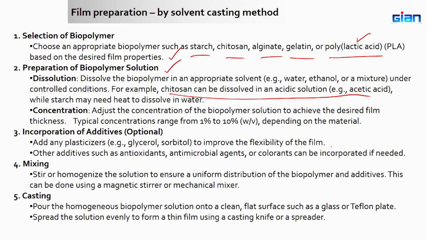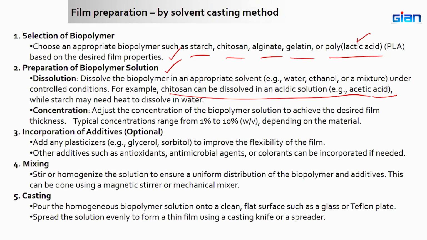Then you get a solution, chitosan in acidic solution, acetic acid, yeah. Again, when you are making a biopolymer, you eliminate the usage of chemicals as well. So, chitin, acetic acid soluble. Gelatin, we did discuss for the fish, that is again soluble as a gelatinous material.